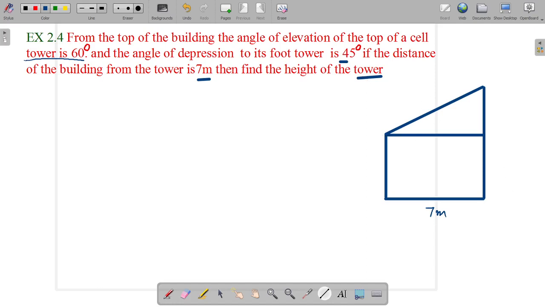Means here the angle is 45 degrees. Find the height of the tower.